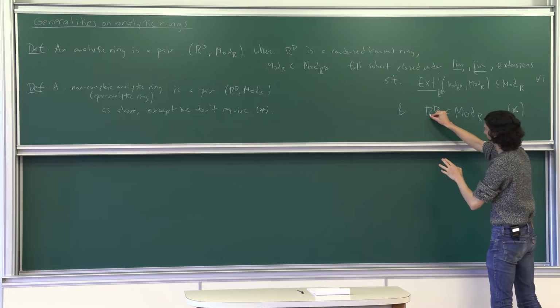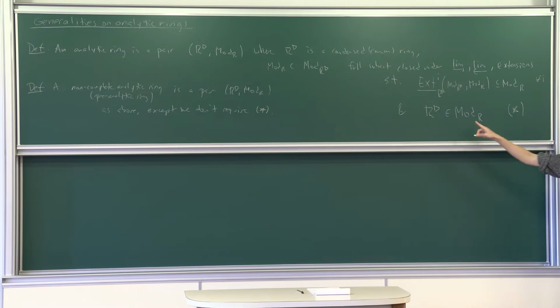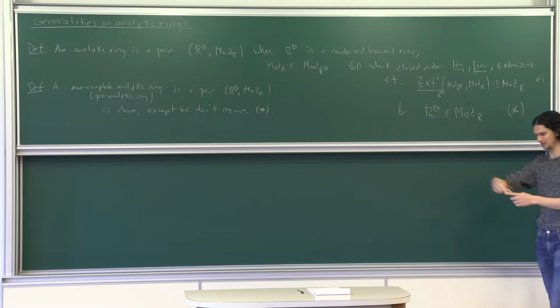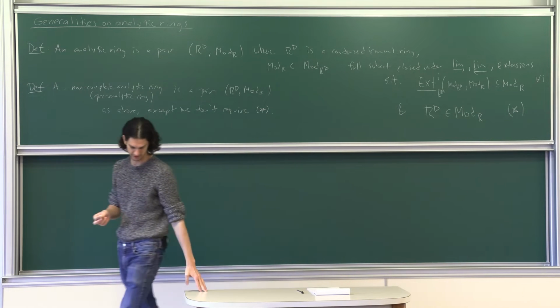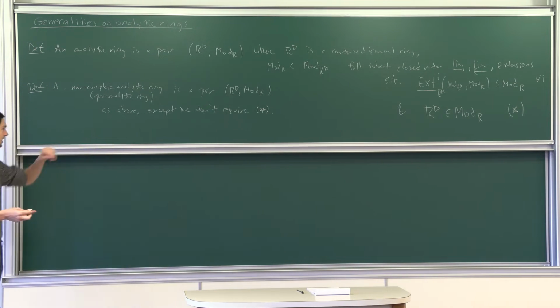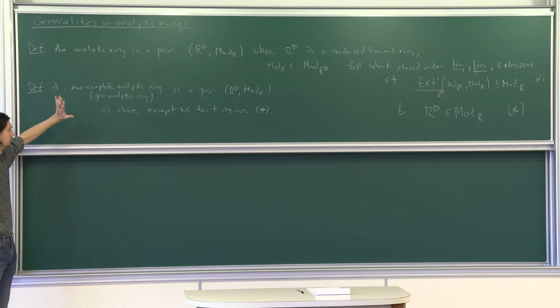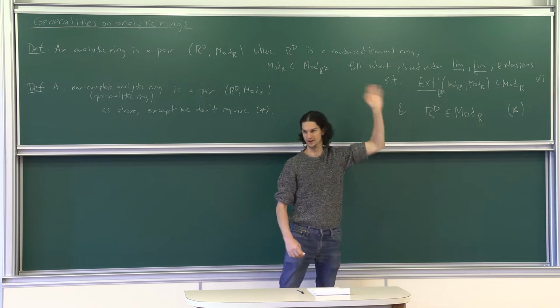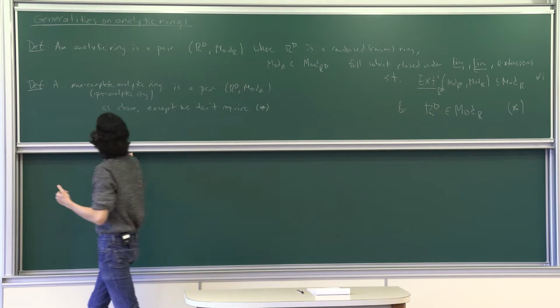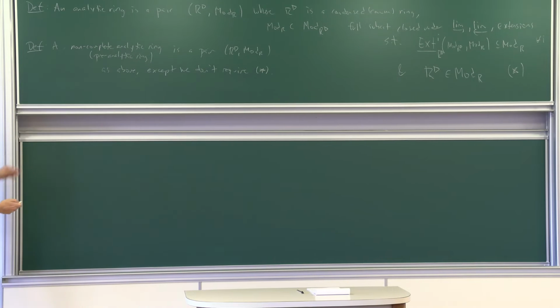But then this condition was not necessarily satisfied, so you would need to change the R triangle to basically the value of Huber's structure sheaf on that rational open in order to get an honest analytic ring. So these kinds of things arise in practice, and in general what you want to do with them is complete them to get something that is an analytic ring in the honest sense. And that's the procedure I want to discuss right now.